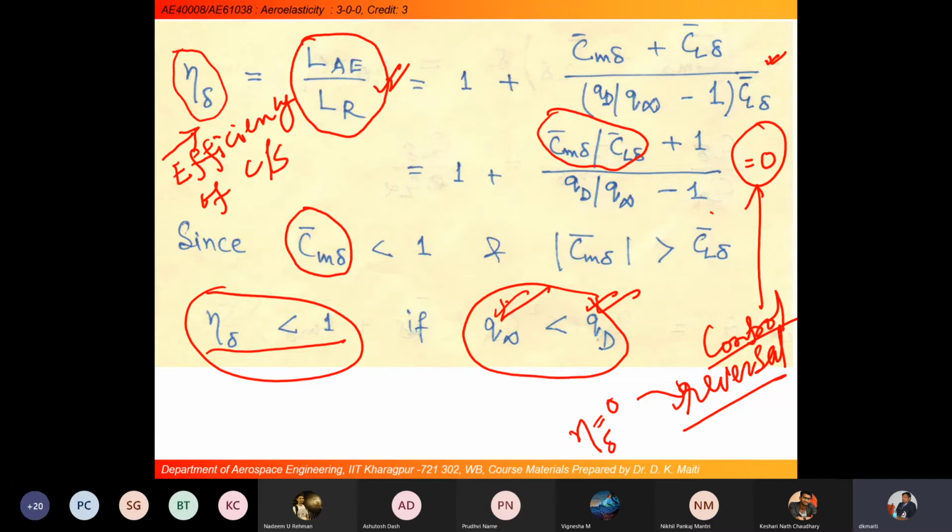Obviously, when it has gone to some high value of angle of attack, the linear theory is no longer valid. So there, whatever we equated, basically the denominator part equal to 0, gives the divergence condition. Here, when the efficiency becomes 0, that is basically the numerator part of this efficiency equation becoming 0, we call that the control reversal.